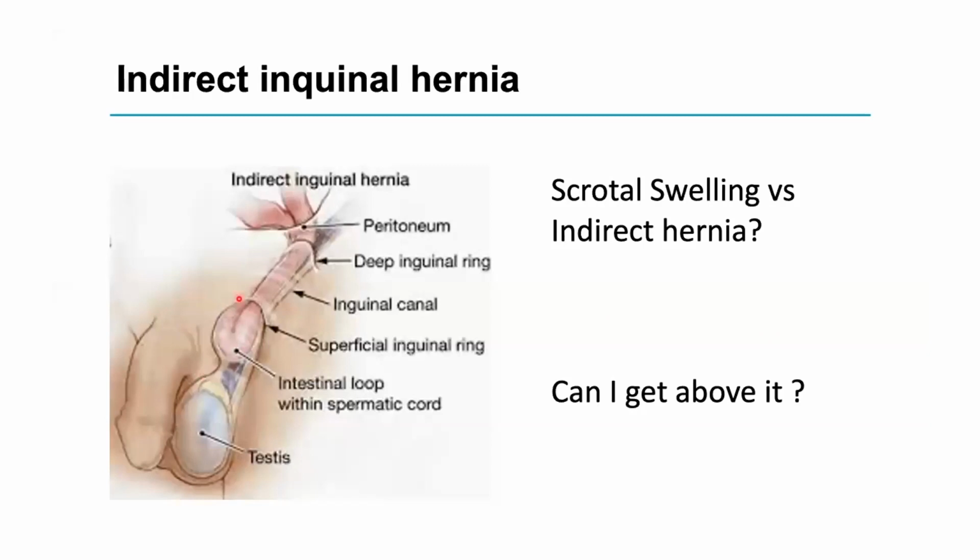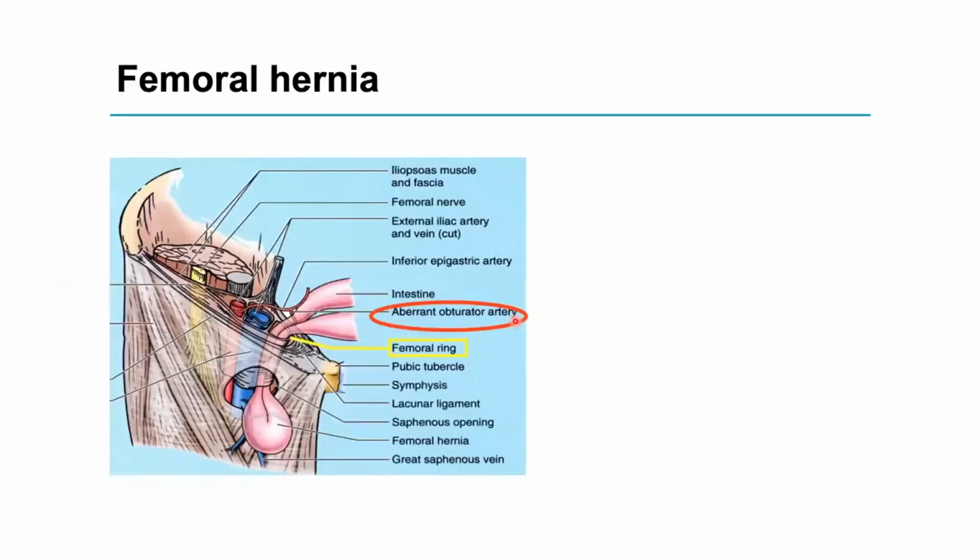If I can't, then it's coming from way up here, and that has to be an indirect inguinal hernia. So again, that would be another talk on causes of scrotal swellings. Femoral hernia, we've mentioned already, comes through here, medial to the femoral vein.